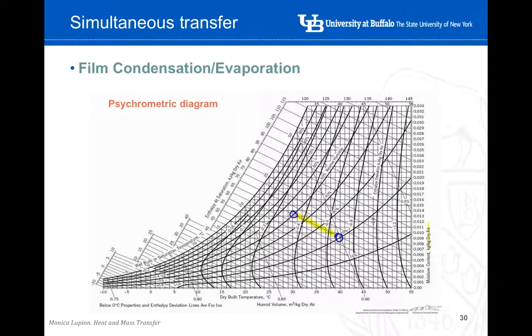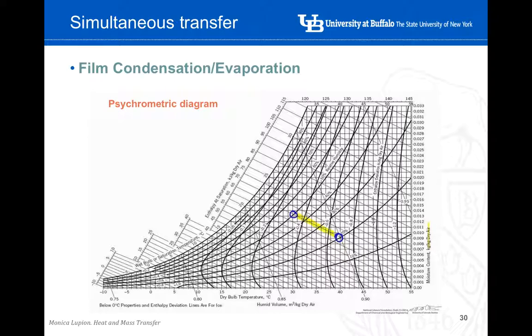In this particular case, the simultaneous transfer of mass and energy has been widely studied and analyzed, and now it's relatively easy. This psychrometric diagram is just a graphical representation of the different equations that you will have to solve, but luckily for us, the utilization of this diagram is much easier than just solving all the equations.